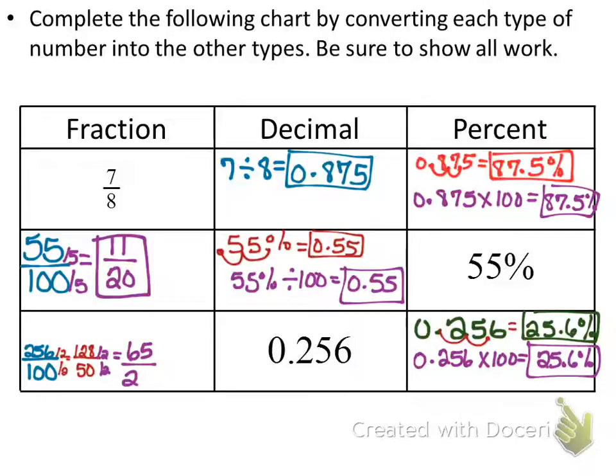What are they both divisible by again? 2. Okay, so no, you can't divide that by 2. Never mind. What's 128 divided by 2? 64.